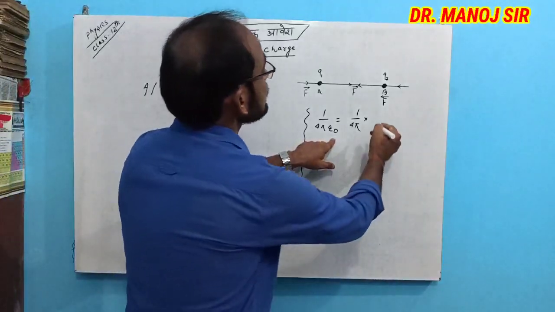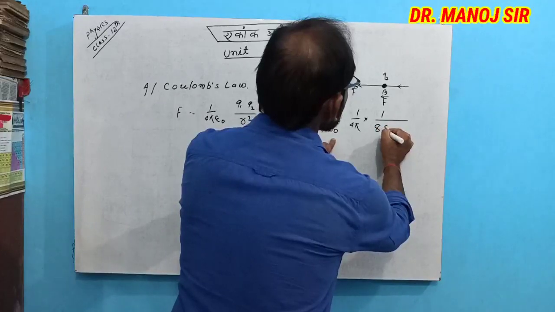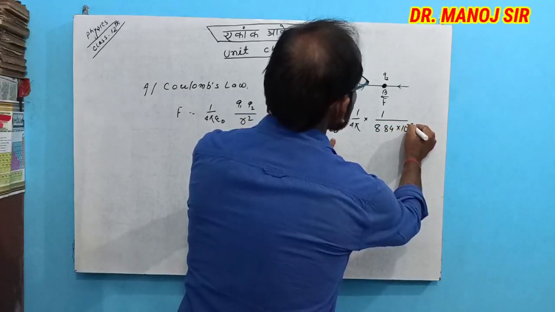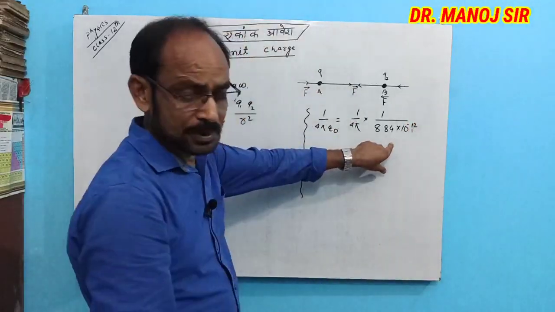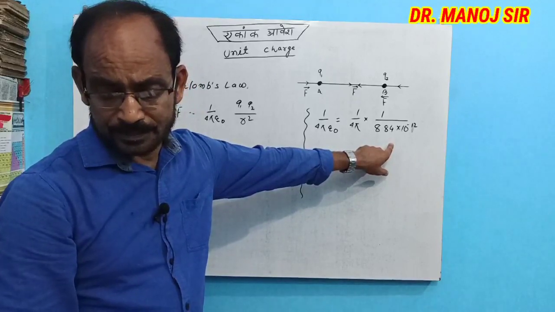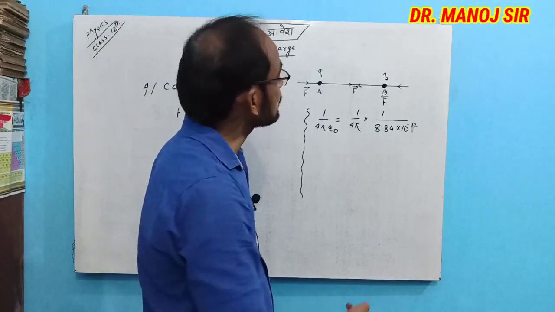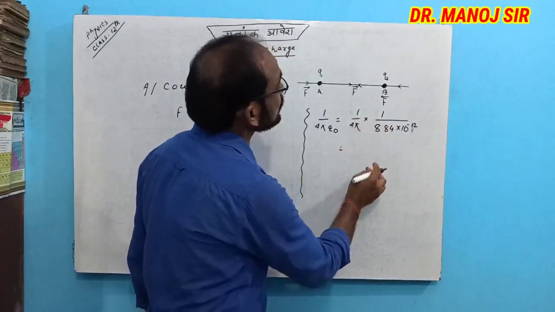That value is, as you studied in the class of Coulomb, 10 to the power minus 12, which is equal to this value.